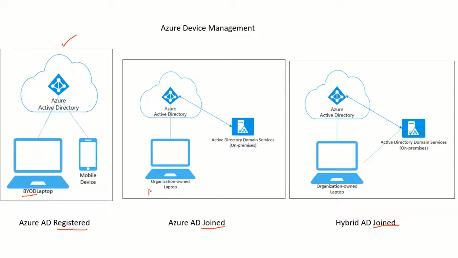Let's say the ABC organization provides a laptop to its end user and asks them to use it. The user can use this laptop anywhere, from the on-premises office, from home, or abroad, because the laptop gets its policies from Azure AD itself. Azure AD, as you know, is a cloud platform, so wherever the user takes the laptop, all the policies will still be enforced on this device.